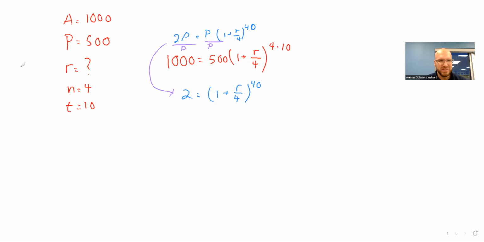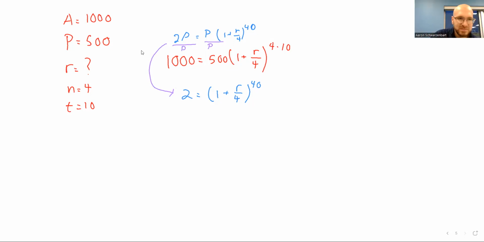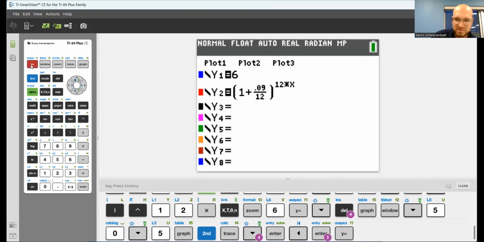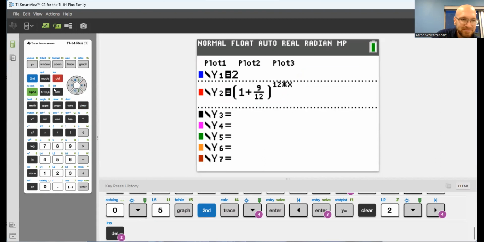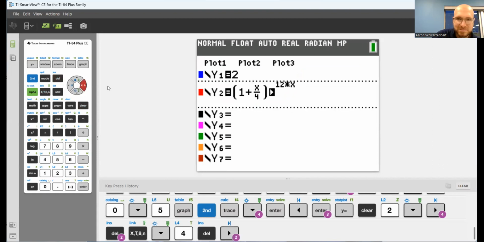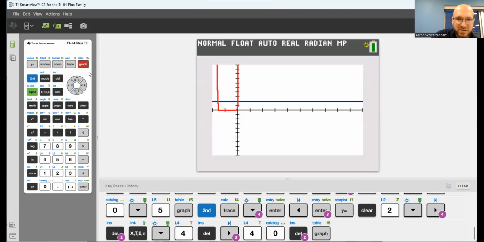So I'm going to go to my graphing calculator with this one. Two. And I can just edit these. And it'll probably show up on my graph here.